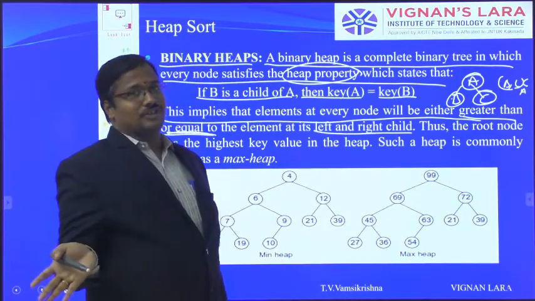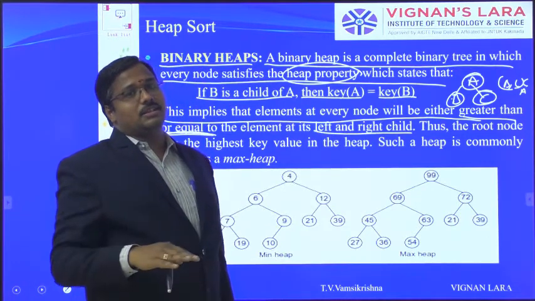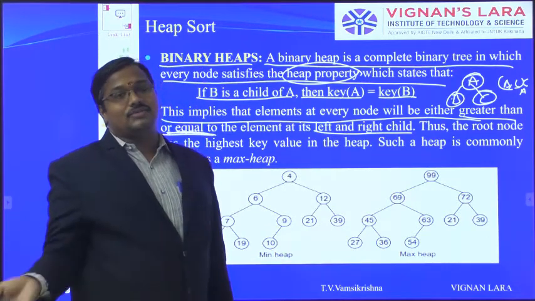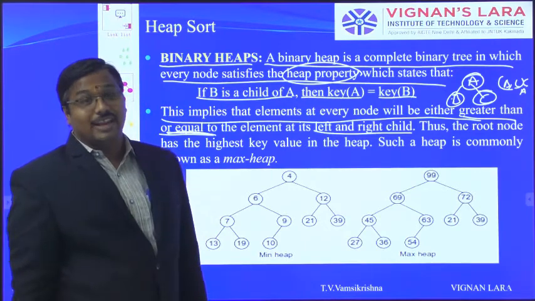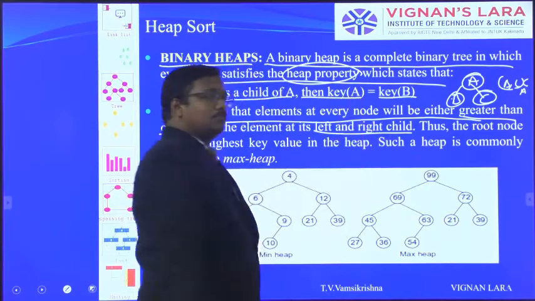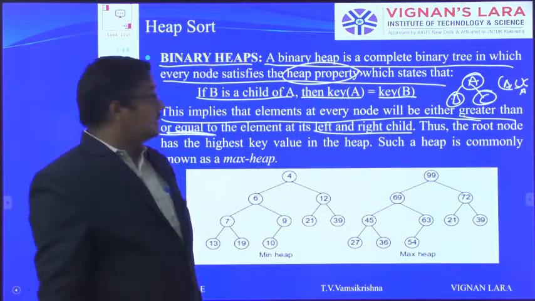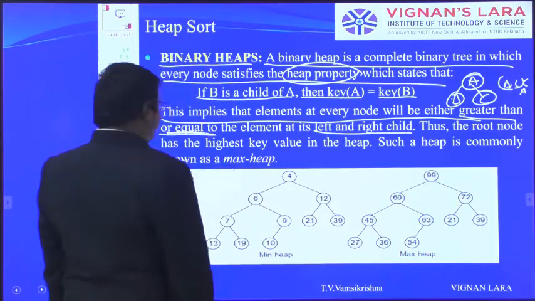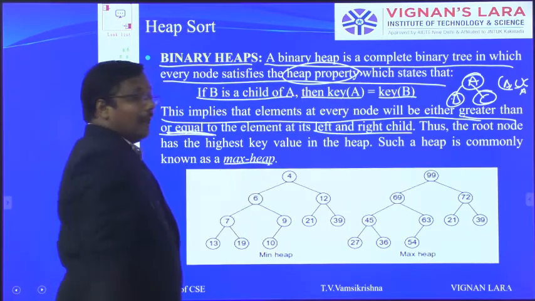Not like a binary search tree. In a binary search tree, compared to the root node, the lesser element is the left child and the greater element is the right child. But here, compared to the left and right, the parent should be maximum. In that case, that is called a max heap.